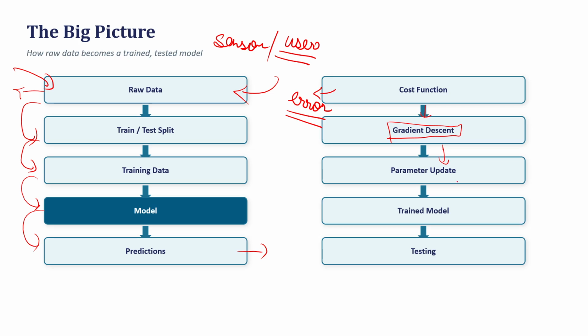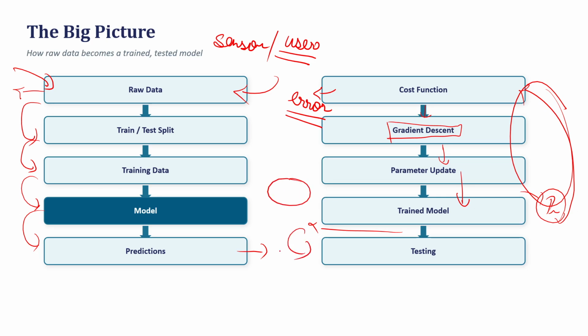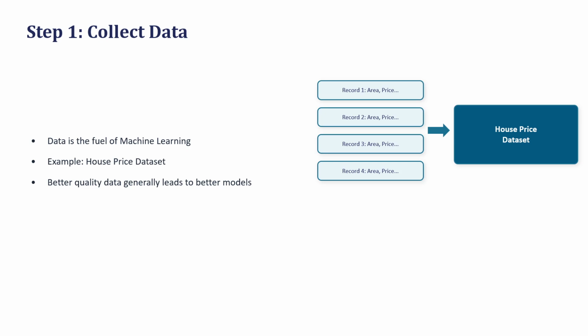After updating the parameters, you check the predictions again, calculate the error again, and this cycle repeats. In the end, when you are confident on the training data, you say this is my general model and it is ready for testing. And after testing, if you feel the accuracy is good, then you can move forward.